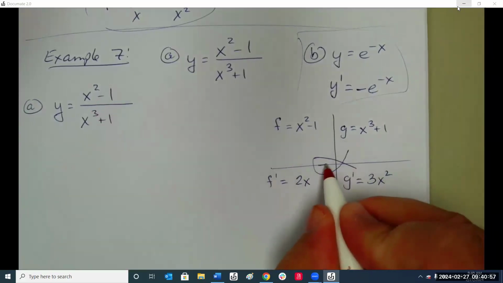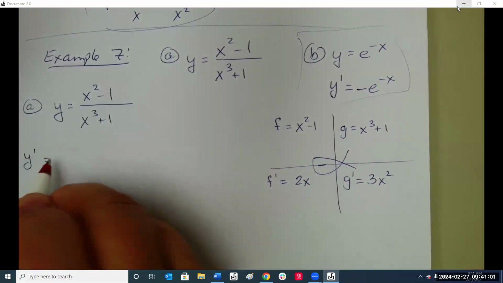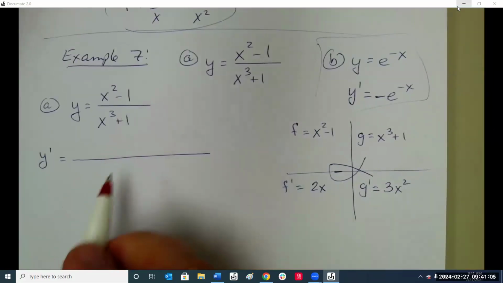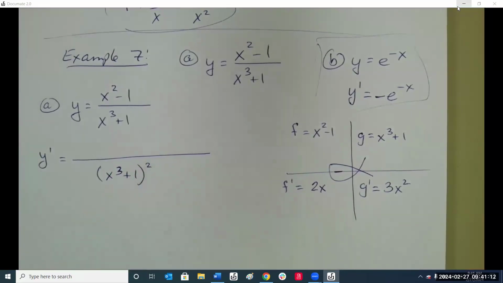Since it's the quotient, we have to subtract. Again, the only thing we know for sure is the denominator has to get squared. Whatever's on the bottom gets squared.